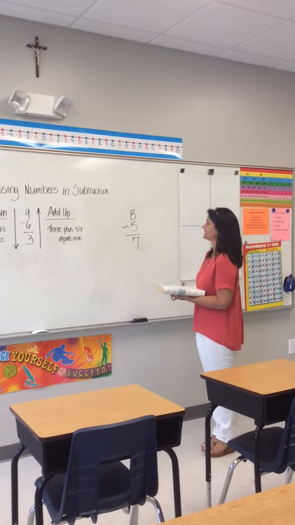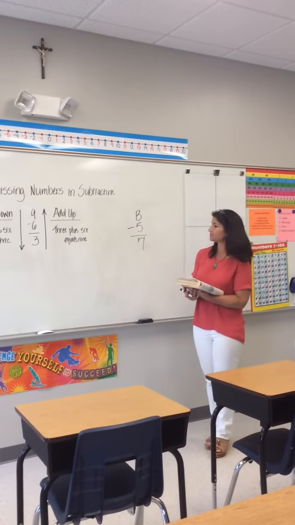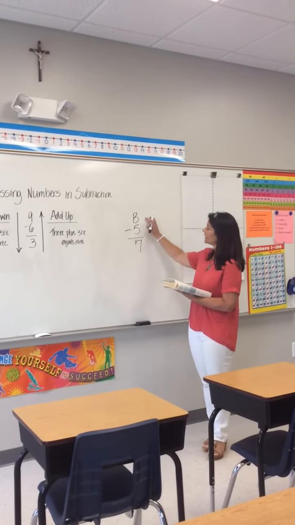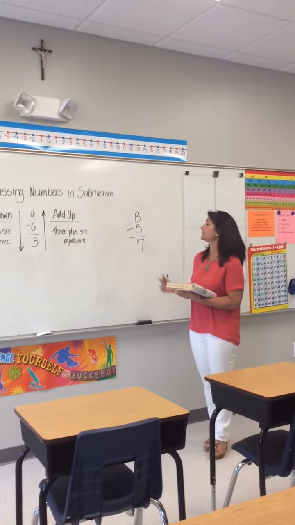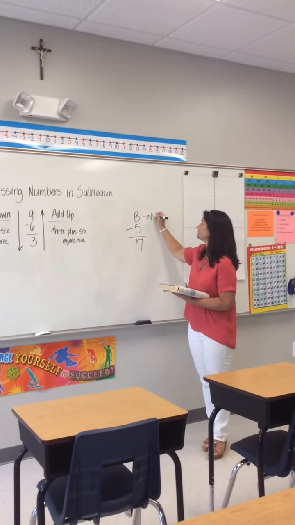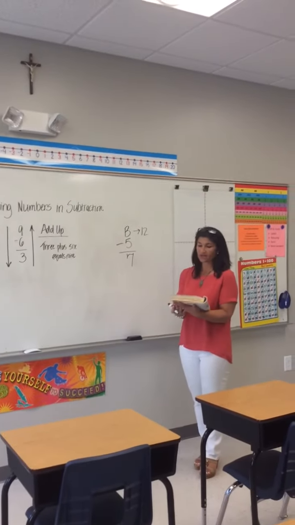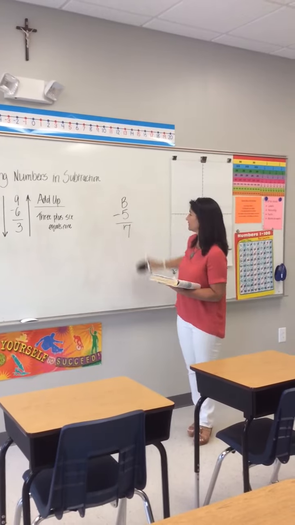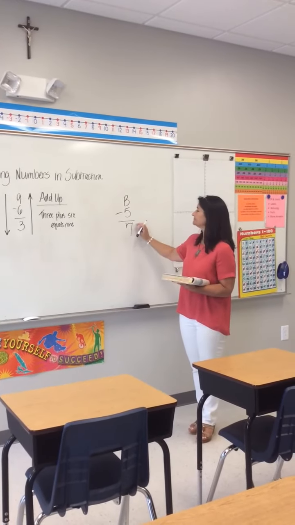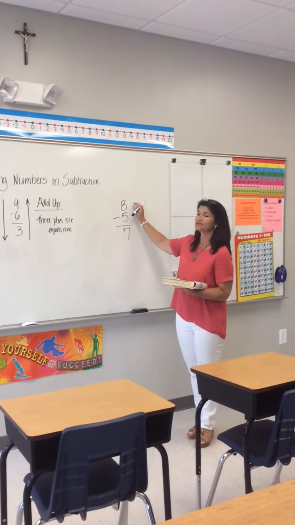Our top number is missing. So we can subtract down and ask ourselves, what minus 5 gives us 7? If we know our math facts really well, we know that B must equal 12, because 12 minus 5 equals 7. But we could also add up, our second way: 7 plus 5 gives us 12.